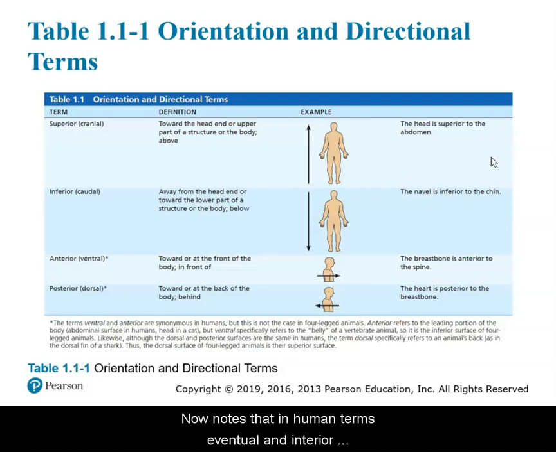Note that in human terms, ventral and anterior are synonymous. But this is not the case in four-legged animals. Luckily, this is human anatomy, not the anatomy of animals. But in four-legged animals, anterior actually refers to the leading portion of the body.